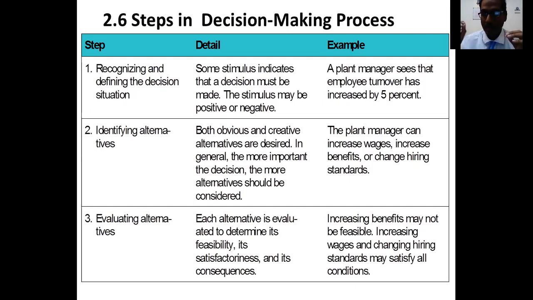Increasing benefits may not be feasible, because it depends upon the organizational policy. The manager cannot change the policy, so the second option may not be that feasible. Increasing wages and changing hiring standards may satisfy all conditions. So the possible ones are changing the hiring standards and increasing the wages. That is what he has found in the evaluating alternatives step.